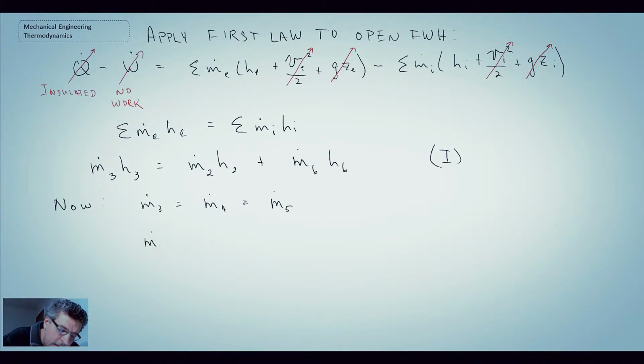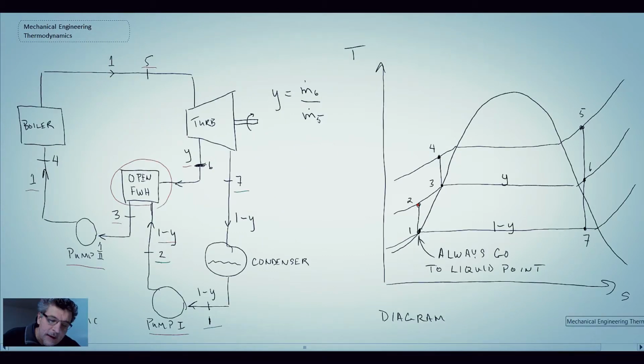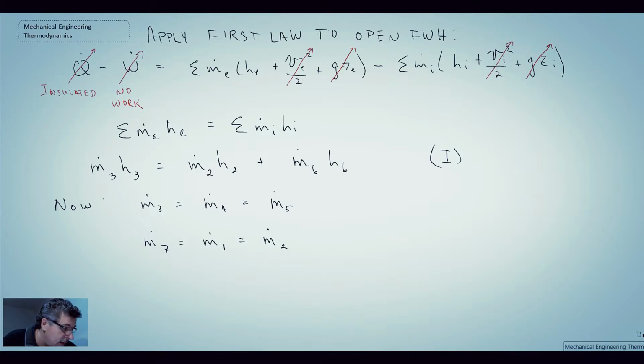We can write that mass flow rate at 7 equals mass flow rate at 1 equals mass flow rate at 2, and that is equal to the mass flow rate at 5 minus the mass flow rate at 6. So basically it's saying that it's what is coming out of the boiler, going into the turbine, taking off the fluid stream that we're stripping off, and they would be equal to one another. So we can write m dot 5, which is the flow going into the boiler, minus m dot 6, which is what we're stripping off. So those would be equal.